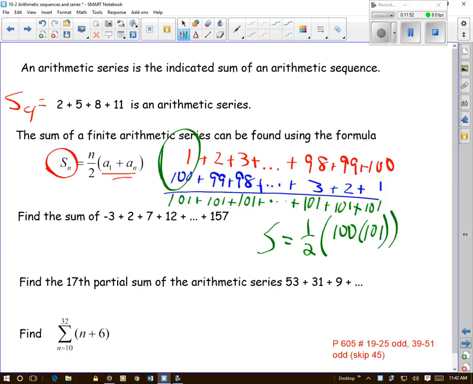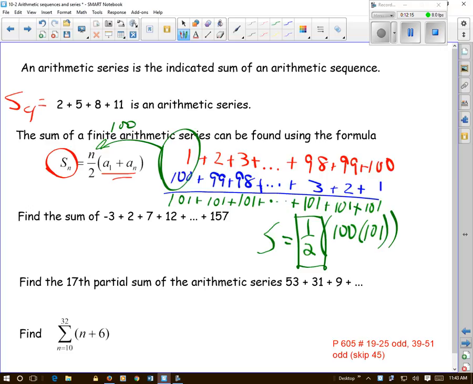The n is the 100 things we were adding. And the divided by 2, because we added each thing twice. So that's a very important formula for the sum of an arithmetic series.